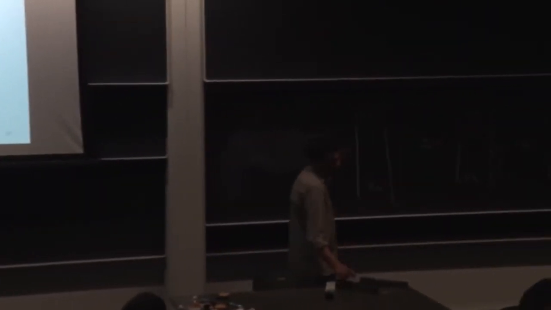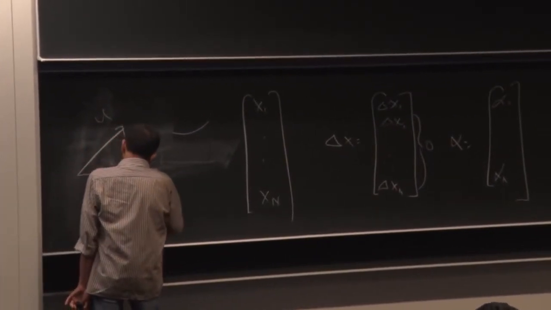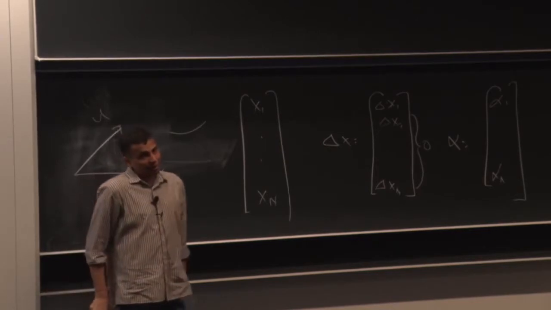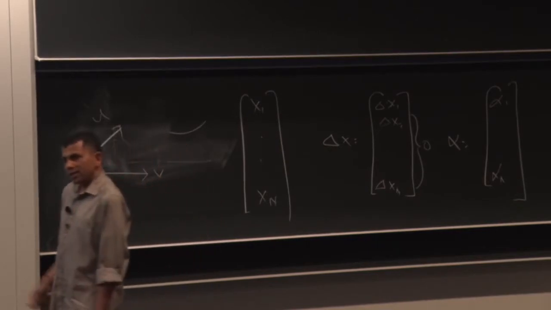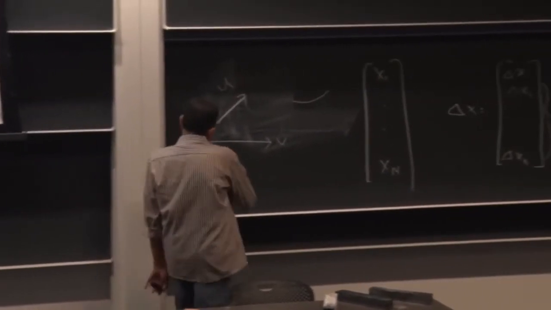Suppose I have two vectors, u and another vector v, and both of them are unit length. What is the inner product going to be? Cos theta, right?